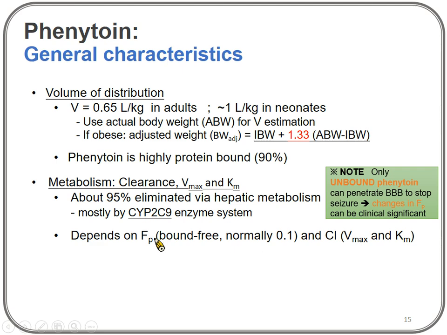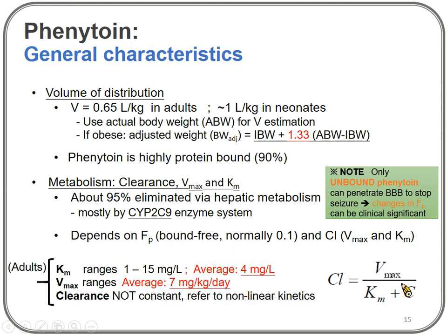unbound level. That is, the FP is normally 0.1, and we will also need to pursue the clearance here. And the clearance goes up with the Vmax divided by the Km plus the concentration. Here are just some average data that we use if the individualized blood concentration is not available at first.